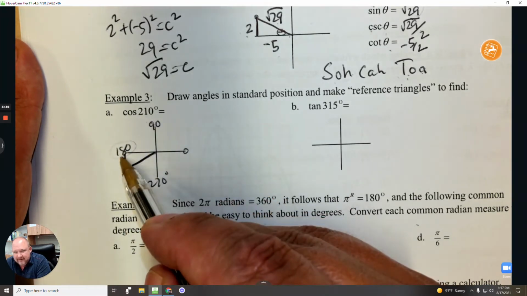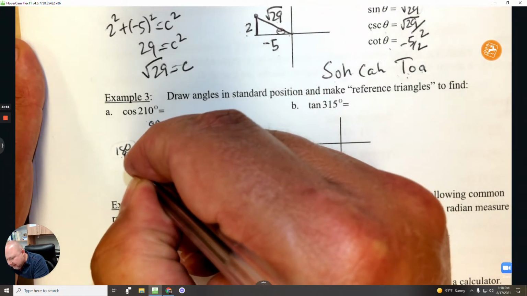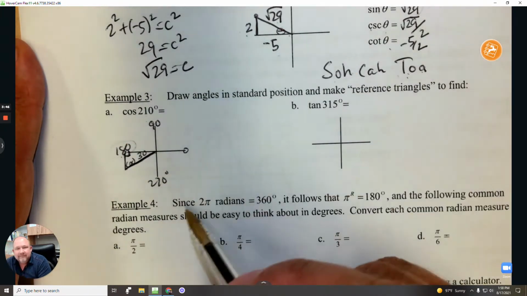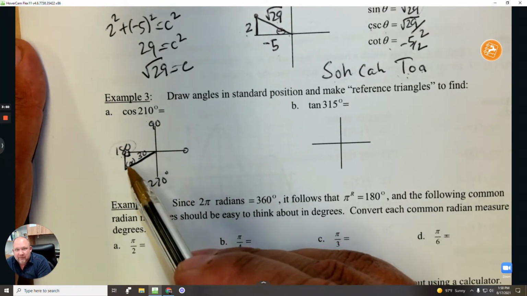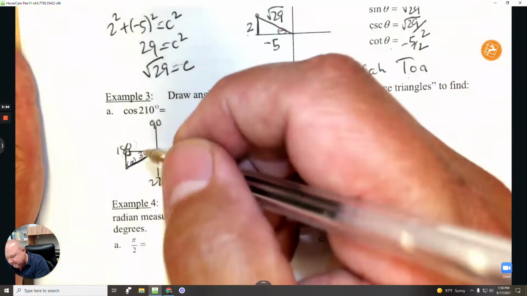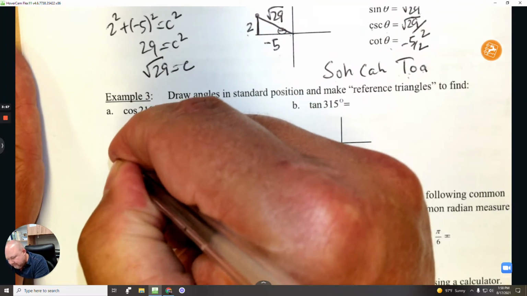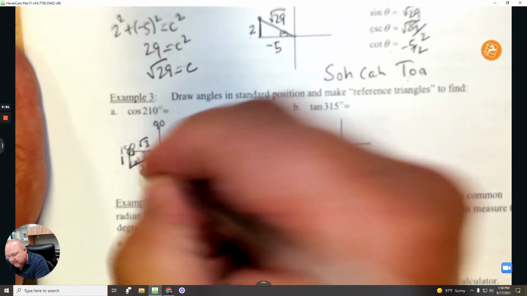So 210 take away 180. This is a 30, 60, 90 triangle. And I need to know my special right triangles to be able to label this. So opposite of 30, opposite of 60, and the hypotenuse.